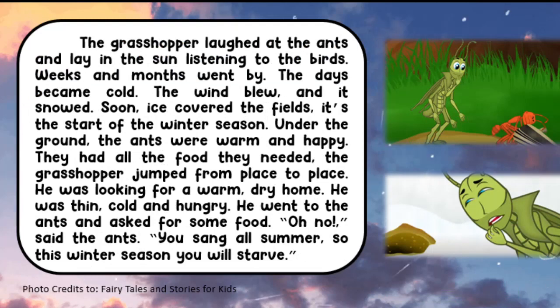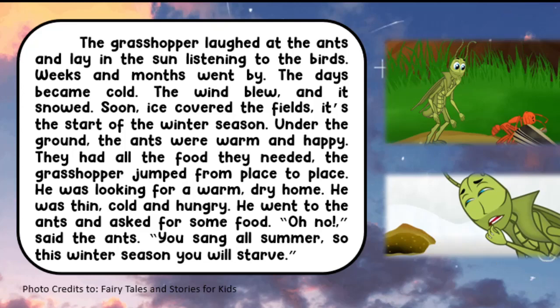The grasshopper laughed at the ants and lay in the sun listening to the birds. Weeks and months went by. The days became cold. The wind blew and it snowed. Soon, ice covered the fields. It's the start of the winter season. Under the ground, the ants were warm and happy.